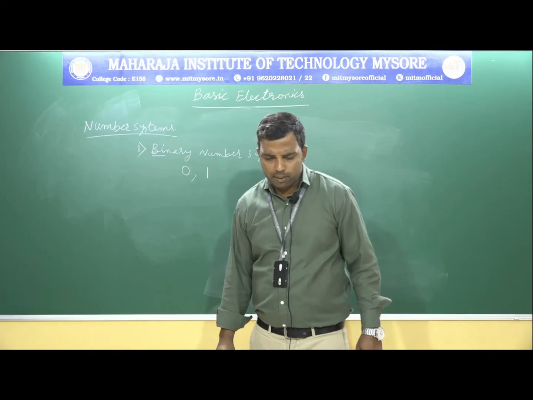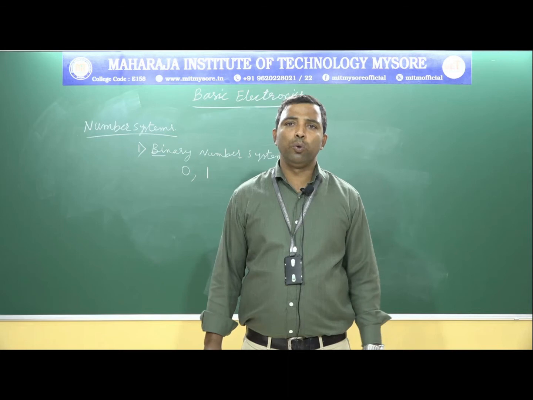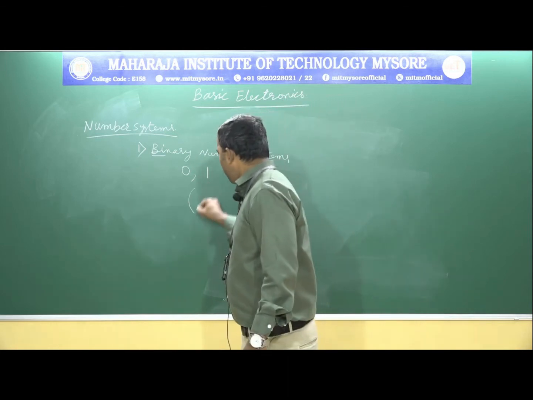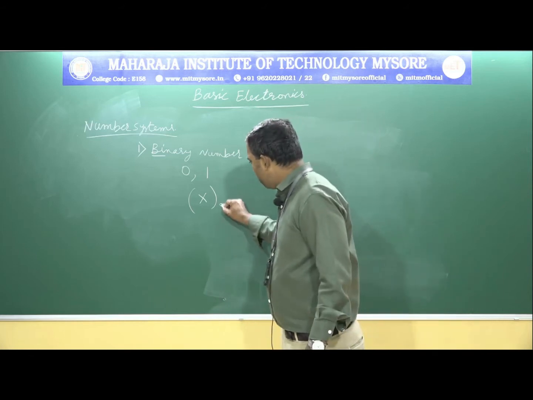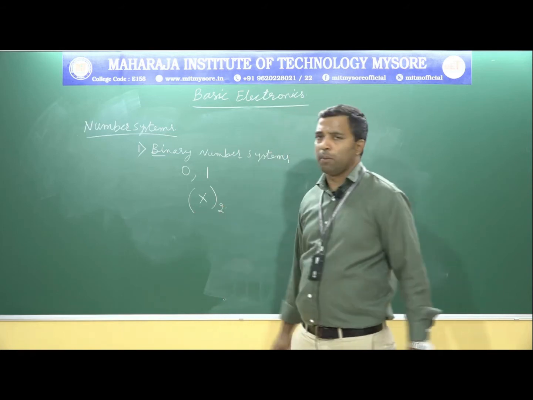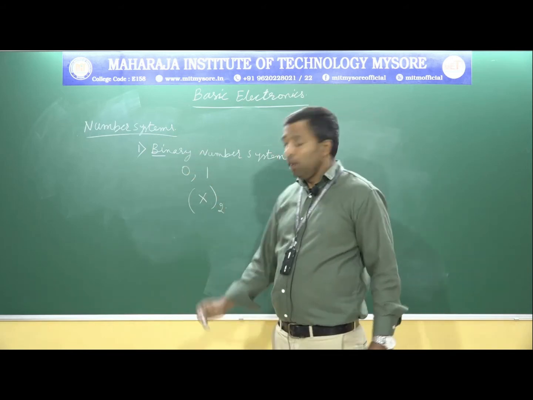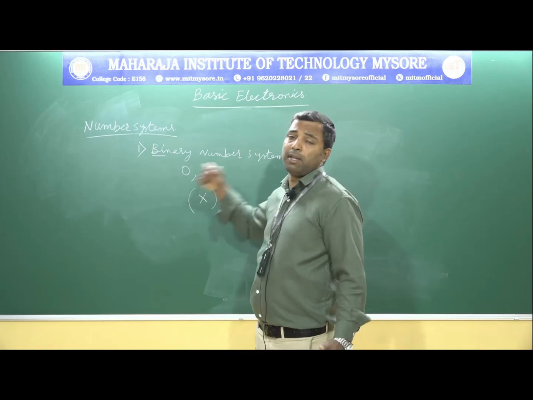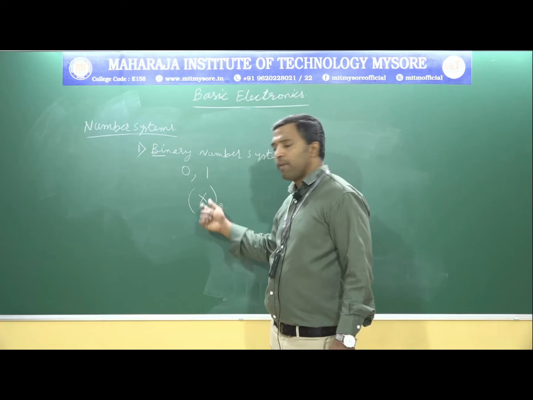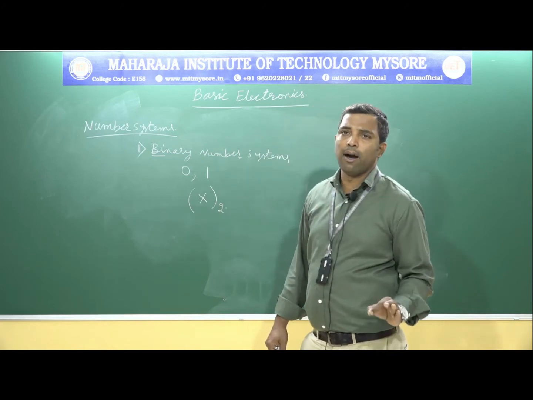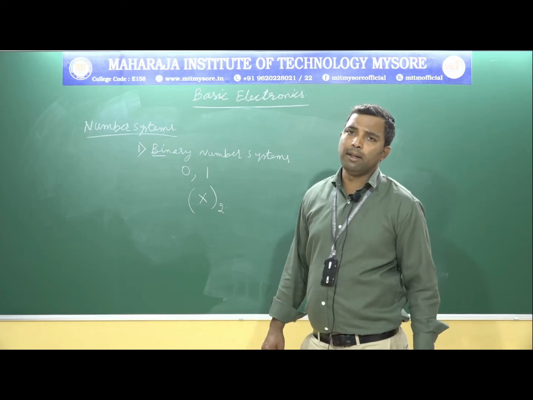In this binary number system, the radix or the base is equal to 2. That means a number with radix or base 2 is a binary number. If there is no radix, we cannot say whether it is a binary number or any other number system. If the radix or base is 2, then only we represent it as a binary number.